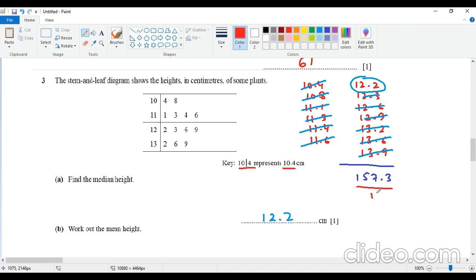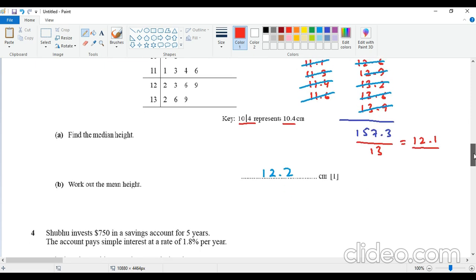So it's divided by 13. So 157.3 divided by 13 is going to give us 12.1 as the answer, and that is the mean height. Answer for this one is going to be 12.1.